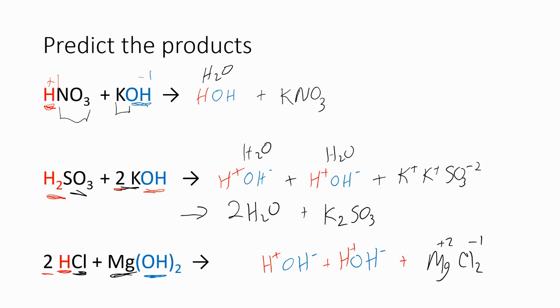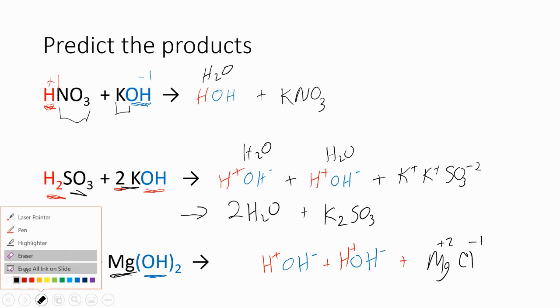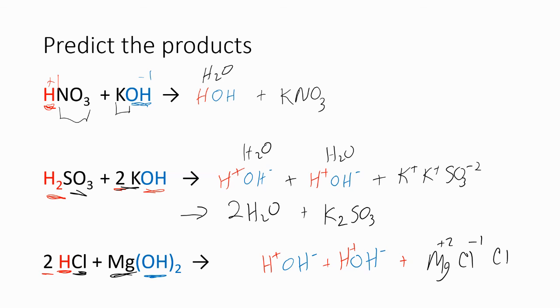So we're looking at this as if it were two OH minuses, and then all that would equal 0. So in the end, this becomes two waters and one MgCl2.